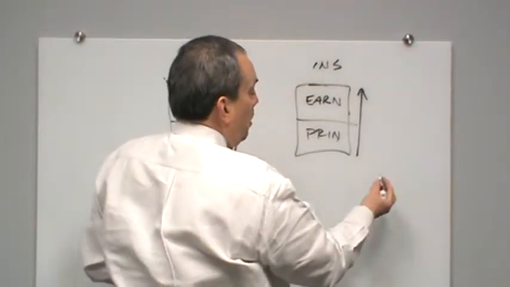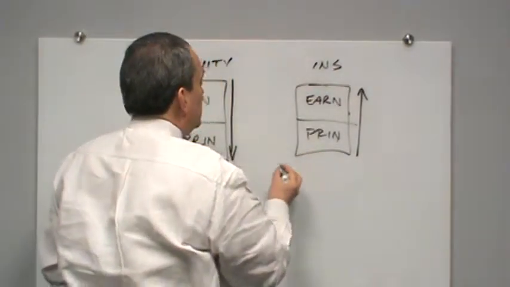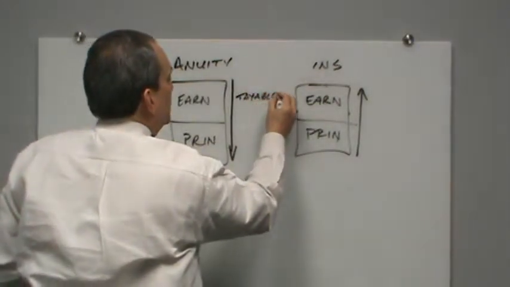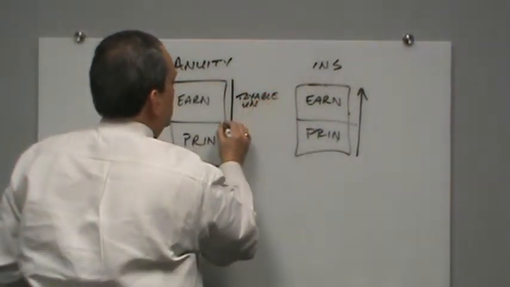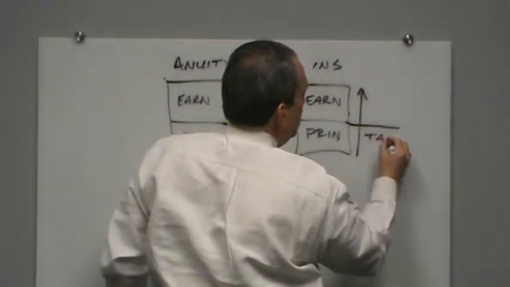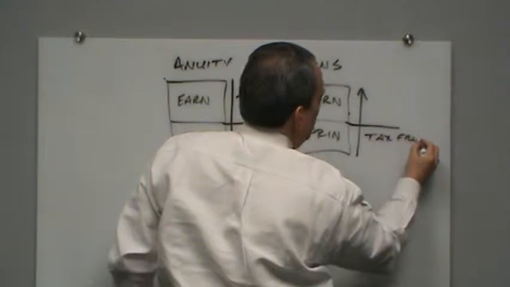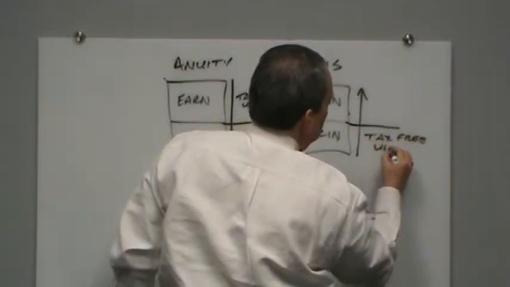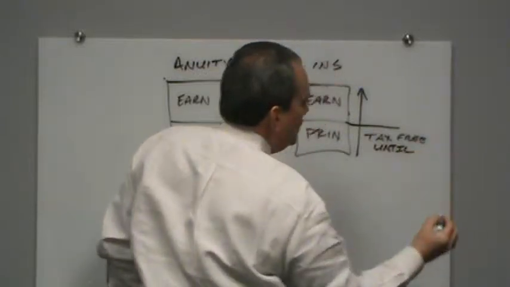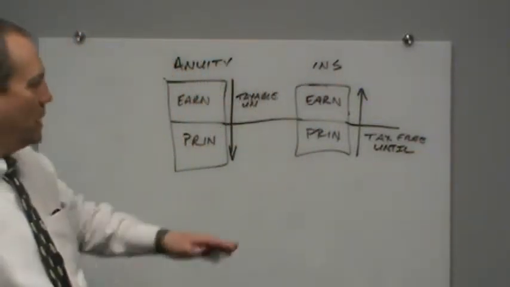But if you make a withdrawal, you're going to take those principal dollars out. So I'm taxable here until I hit this point. But I'm tax-free here on insurance until, there we go, hard to spell, until I reach that same point.